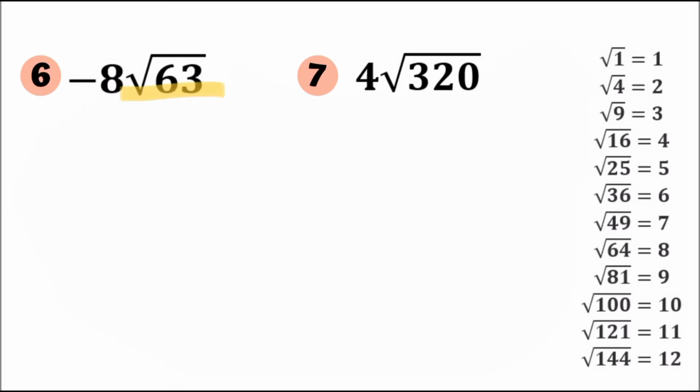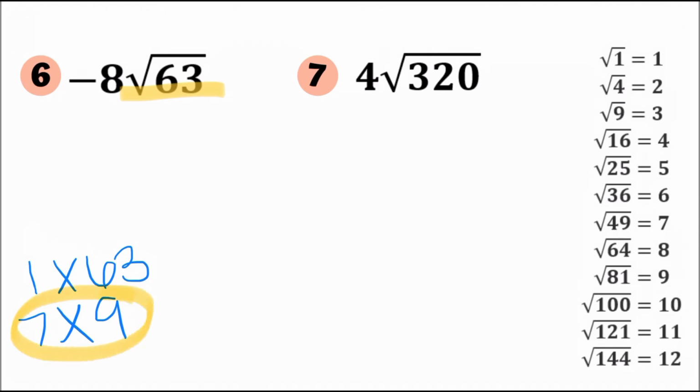I'm going to break down the square root of 63 first. What are the factors of 63? 1 times 63 and 7 times 9. So I see a perfect square, 9, so I'm going to rewrite the square root of 63 as the square root of 9 times the square root of 7.